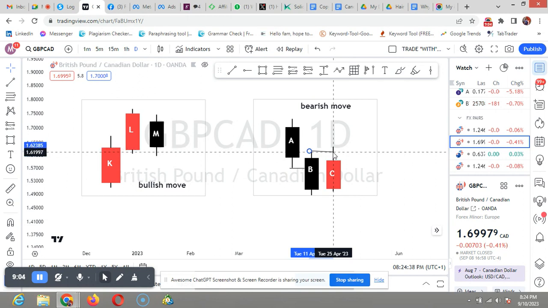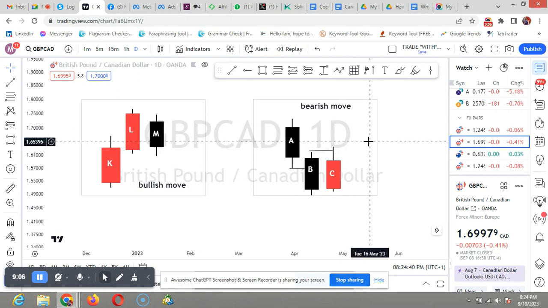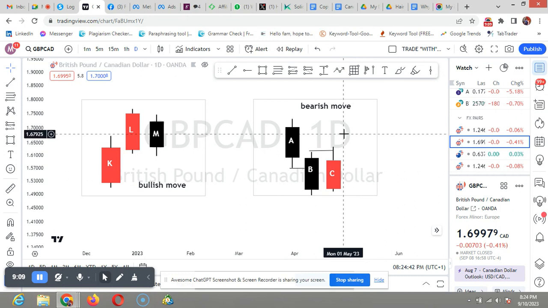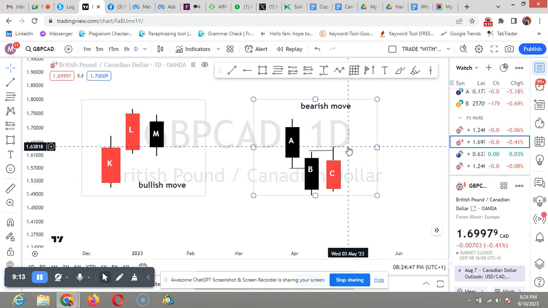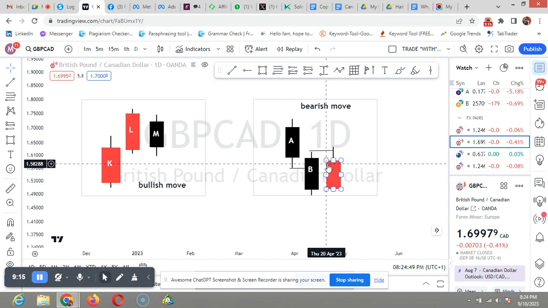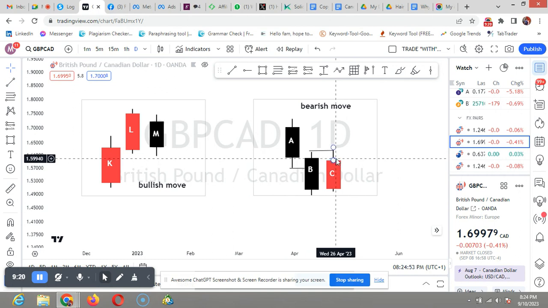Can you guys see? So this movement is what we call a candle sweep, because the body did not close. It is just the wick. Had this C candle done something like this, let me show you.